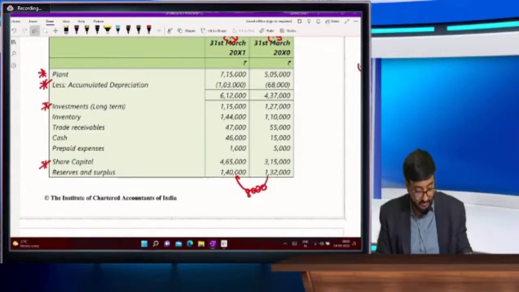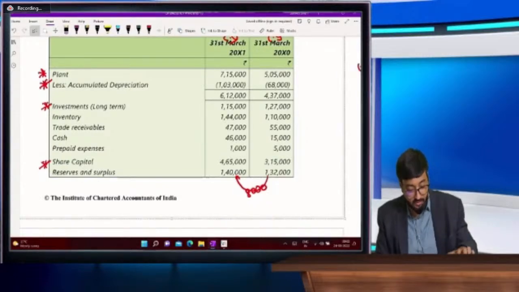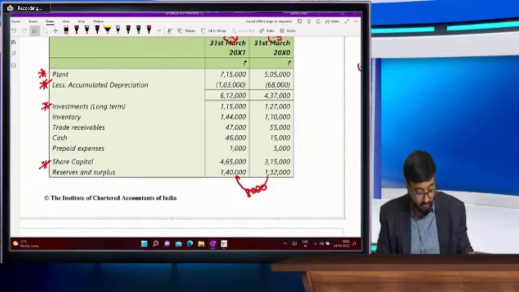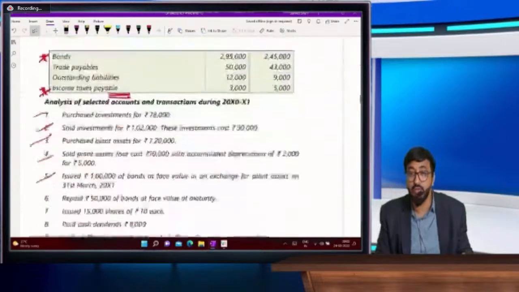Till now everyone is clear with the concept. Beta, in the indirect method, we are interested only in the balance sheet.